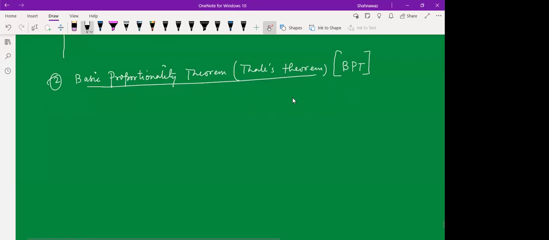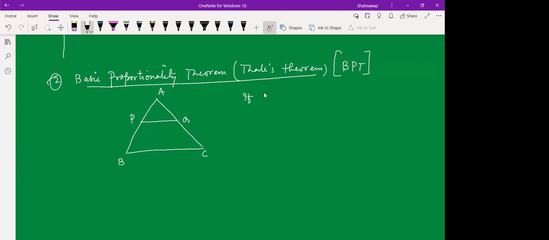This theorem stated that if we have a triangle, which has three sides, and if we draw a line parallel to the third side, and let's say this is triangle ABC, then this parallel line divides the other two sides in equal proportions, right?